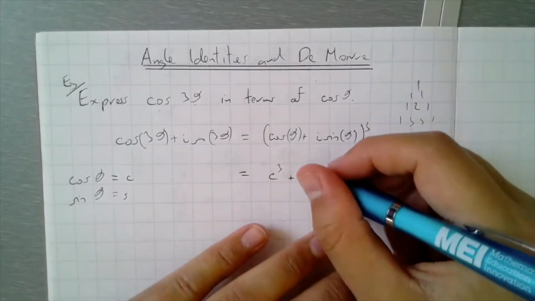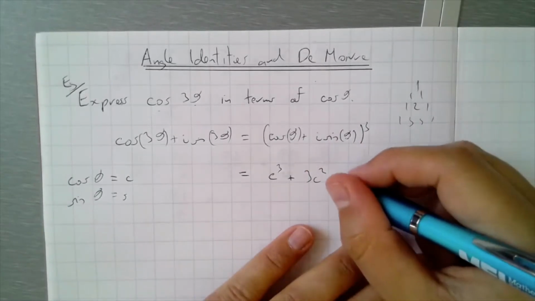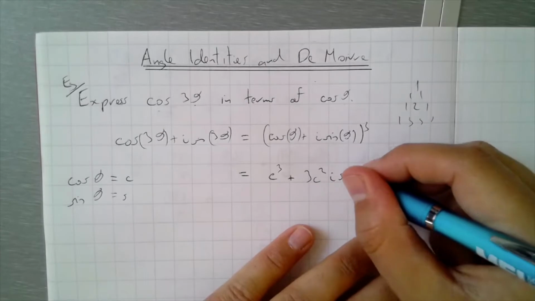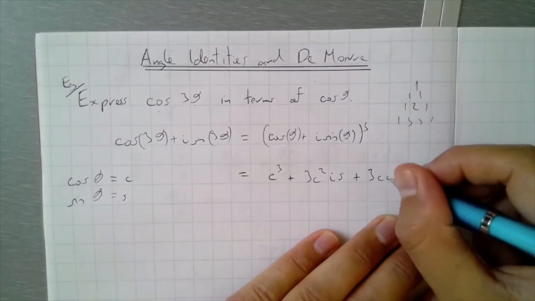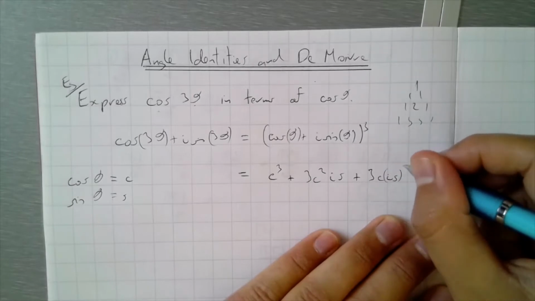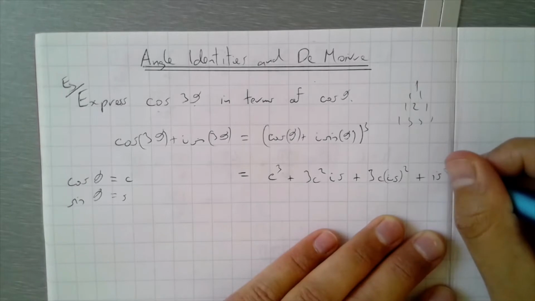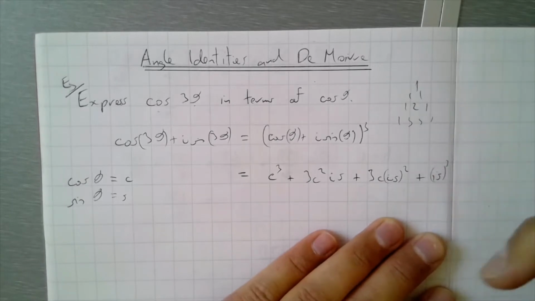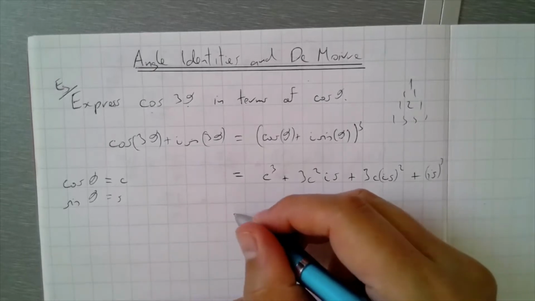Yeah, that's right. Good. Cos squared i sine plus 3 cos i sine squared plus i sine cubed. Okay, so that's just expanding that out using the binomial expansion.